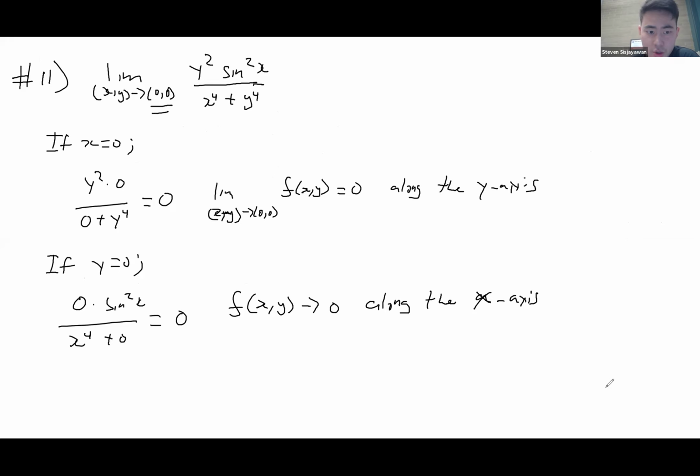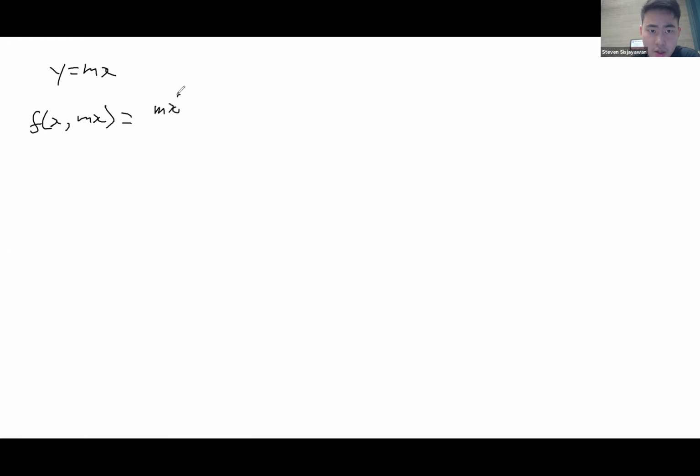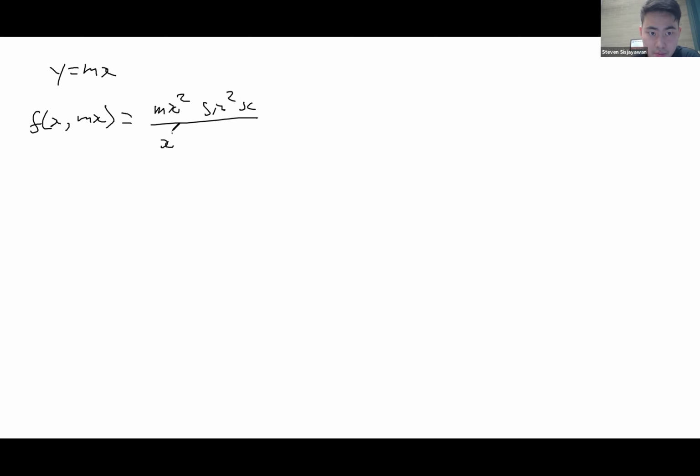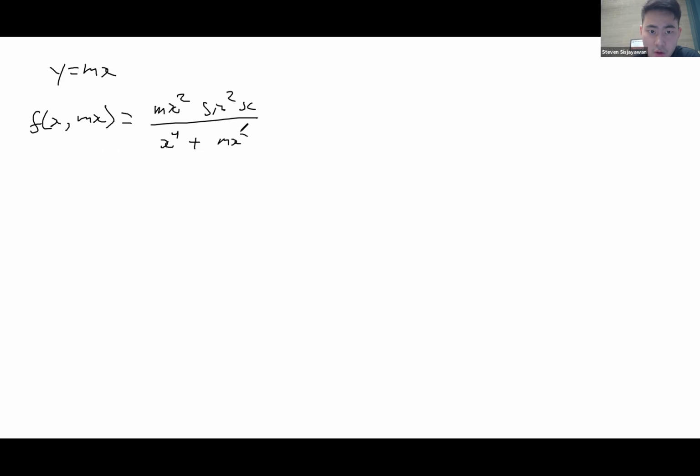So going back to this equation right here, let me pull up another whiteboard. Let's set y is equal to mx. So going back to f(x, mx), that's going to be the same thing as (mx) squared sine squared x all over x to the power 4 plus (mx) to the power of 4.